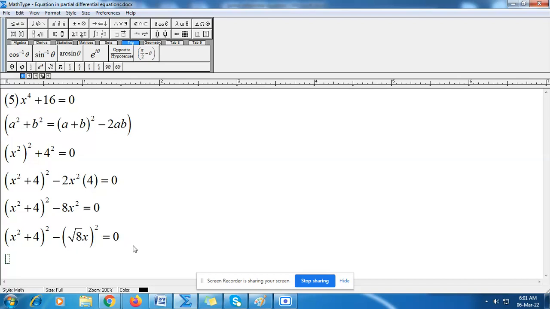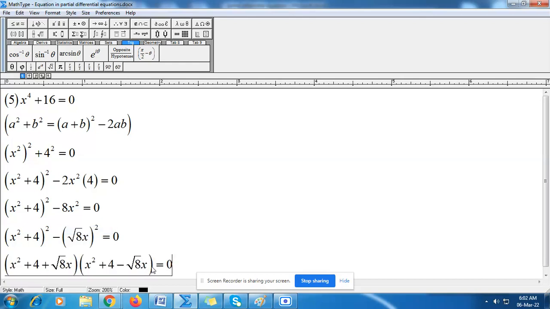Now a square minus b square can be written as a plus b into a minus b. That is x square plus 4 into, sorry, a plus b into a minus b, which is equivalent to 0.